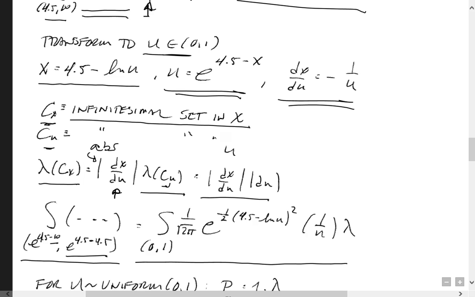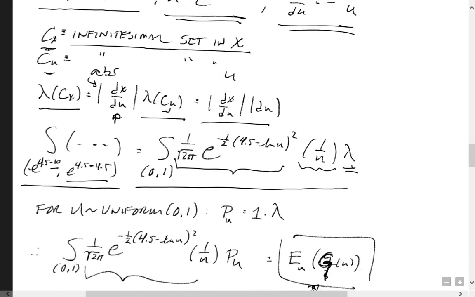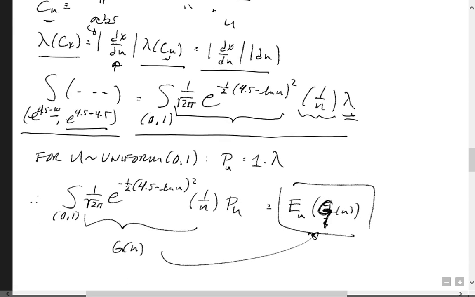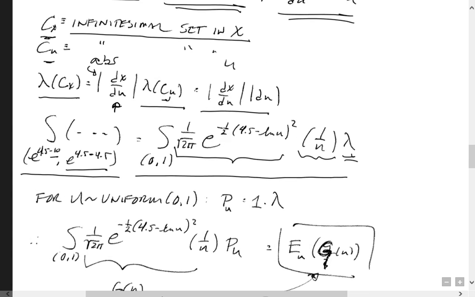This is minus 4.5, so we end up with integral from 0 to 1 of our function times the absolute value of the derivative with respect now to the measure lambda. And now we're taking it over the range of u, so we're looking at sets defined by infinitesimals, sets of u.